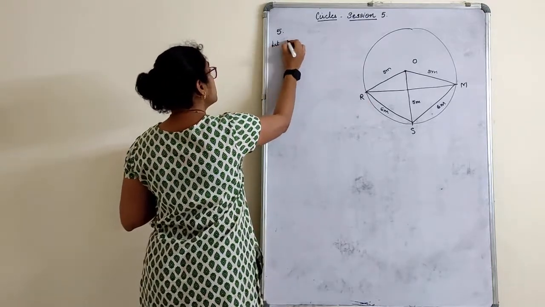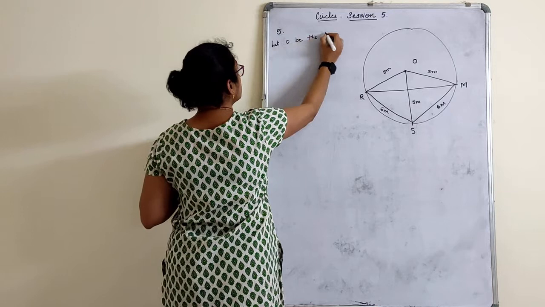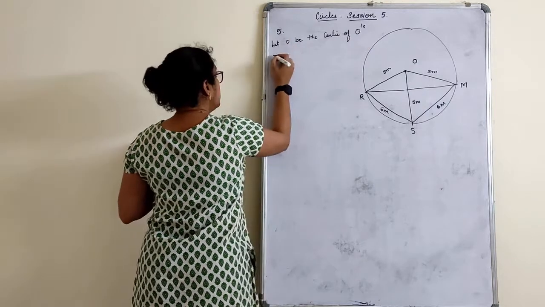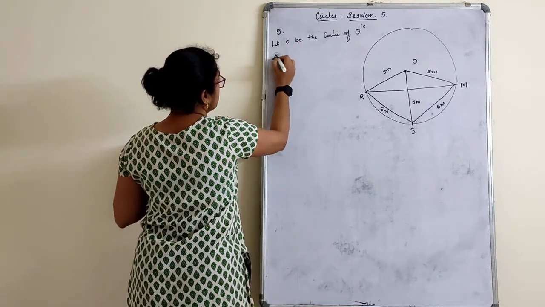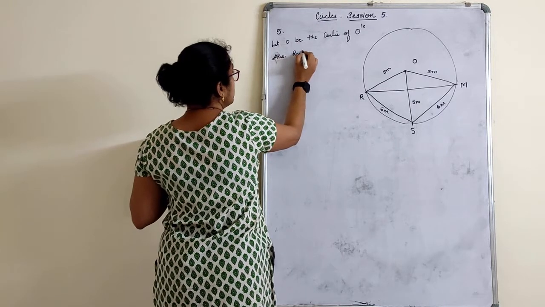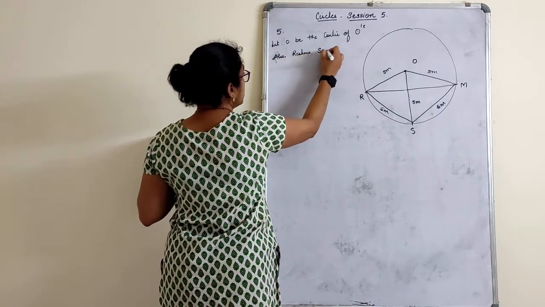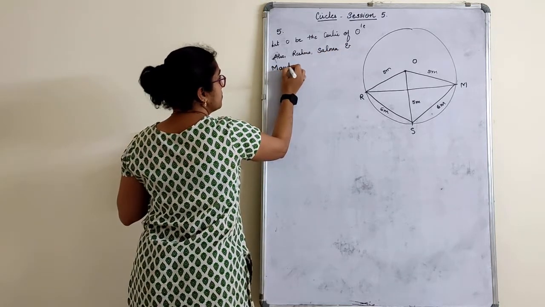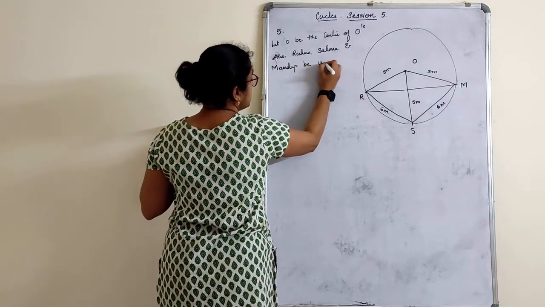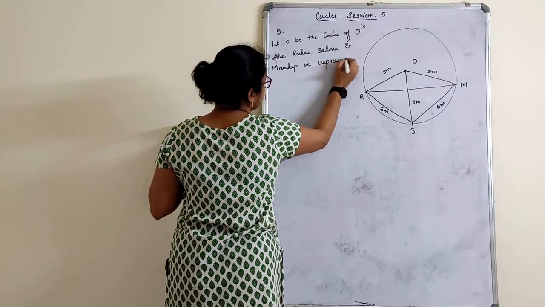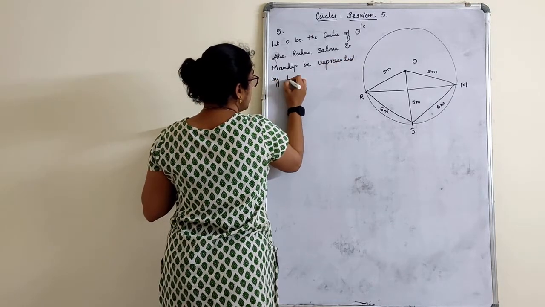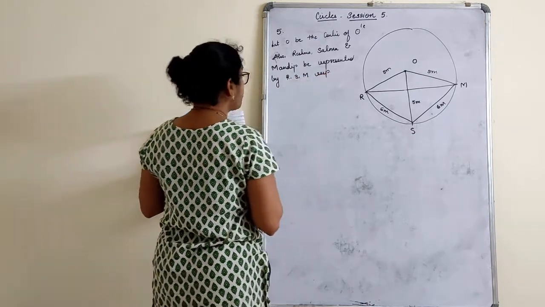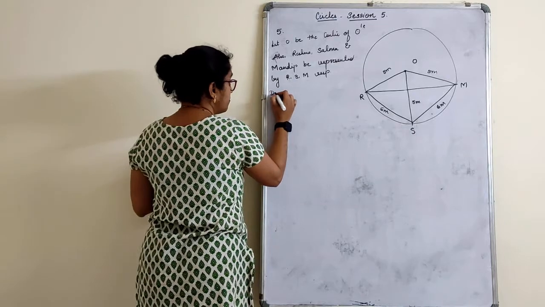Let O be the center of the circle. Let Reshma, Salma and Mandeep be represented by R, S, M respectively. Okay, these points. Draw some construction.